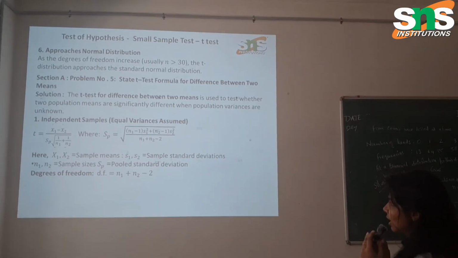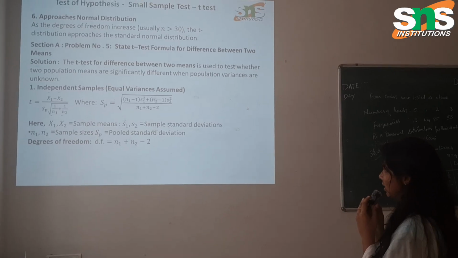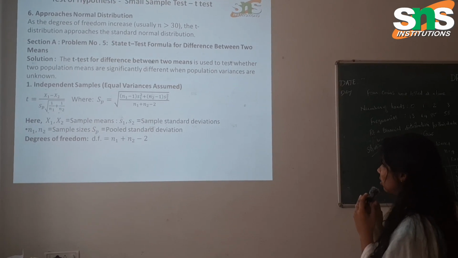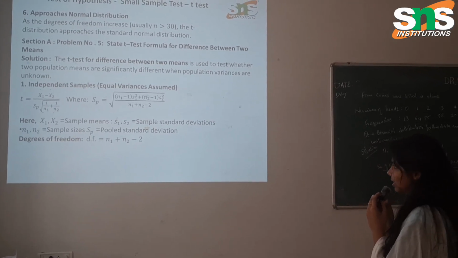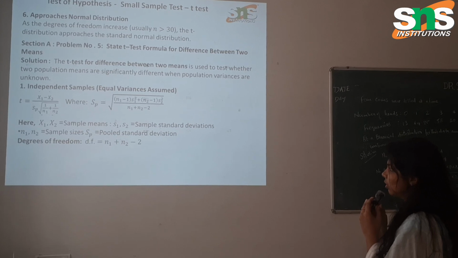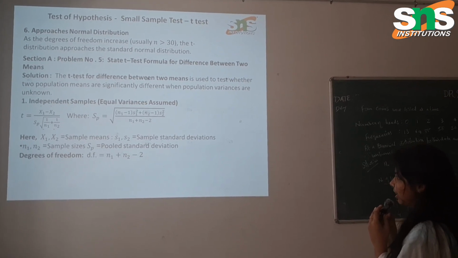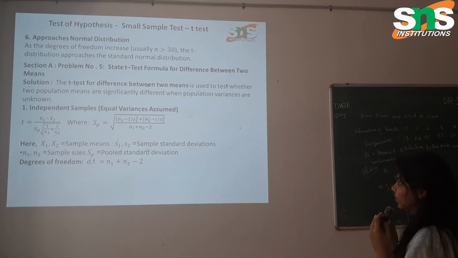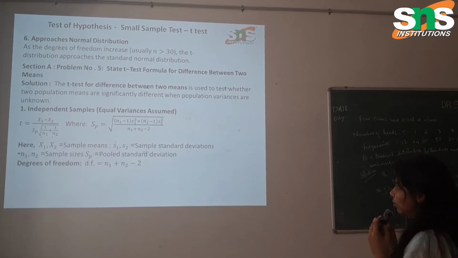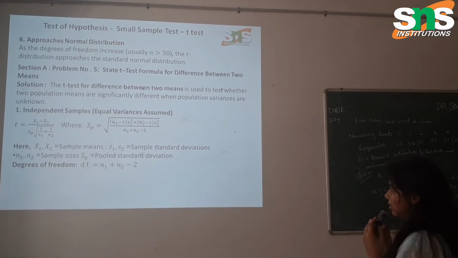Here x1 bar, x2 bar are the sample means, s1, s2 are the sample standard deviations, n1, n2 are the sample sizes, and sp is the pooled standard deviation. Degrees of freedom is equal to n1 plus n2 minus 2.